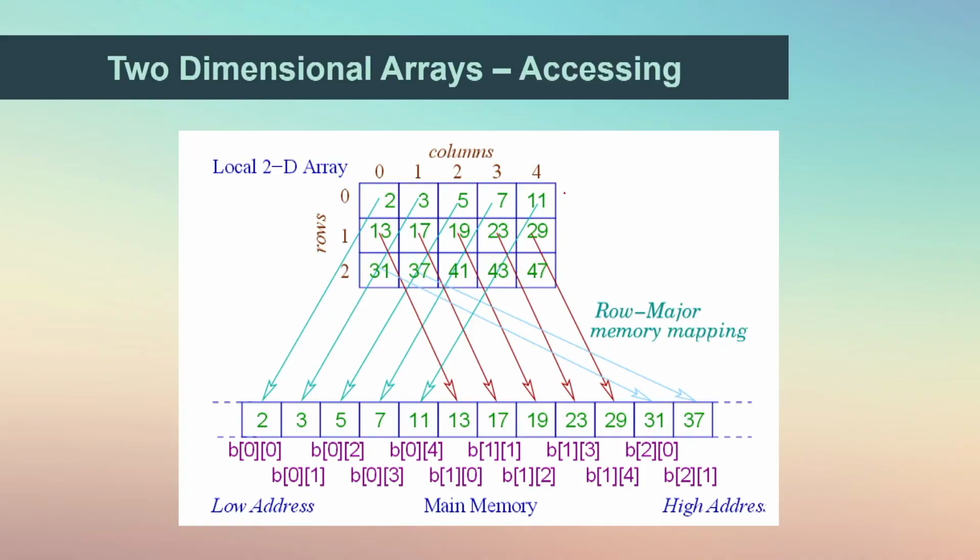Now, we should understand, when we are trying to access a two dimensional array, what actually happens and how the subscript elements are ordered. Okay. Let us assume that this is a two dimensional array with 3 rows and 5 columns.